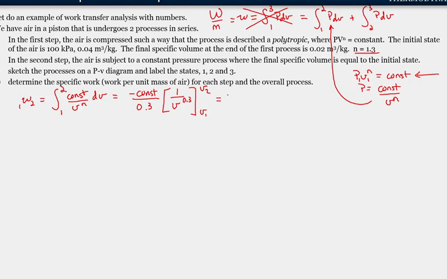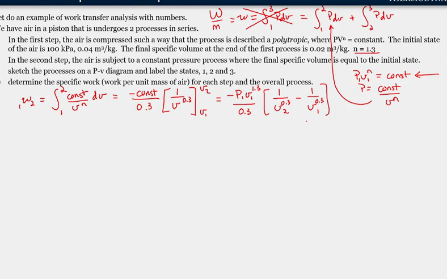So we can go ahead and substitute that in here to the 1.3 power divided by 0.3, and then we have 1 divided by the specific volume raised to the 0.3 power at state 2 minus this parallel expression for the state 1 condition. And then all of these values are known.